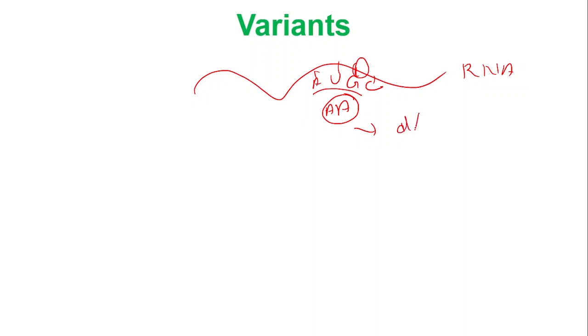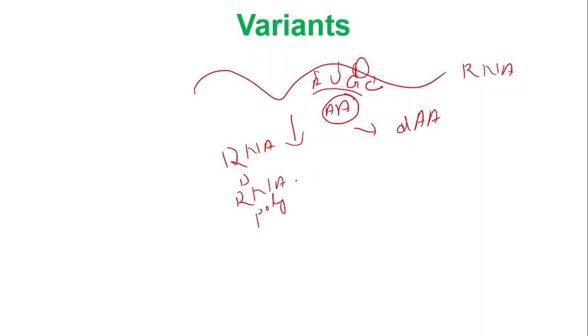When coronavirus enters the cell, it makes its own copy using RNA dependent RNA polymerase.